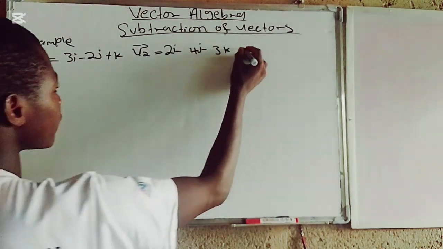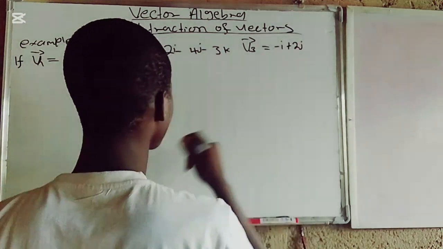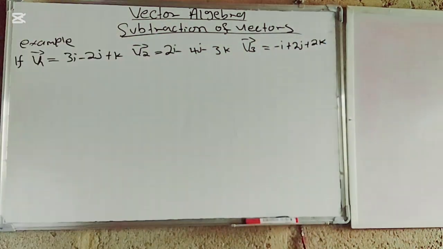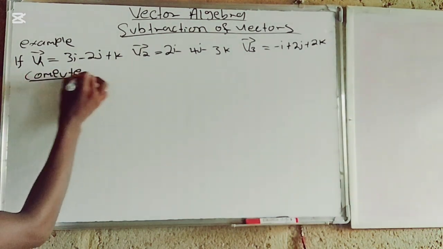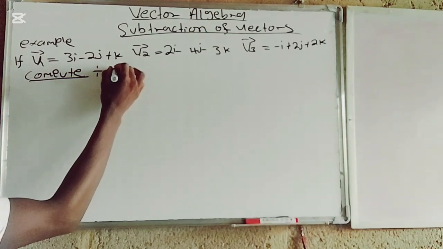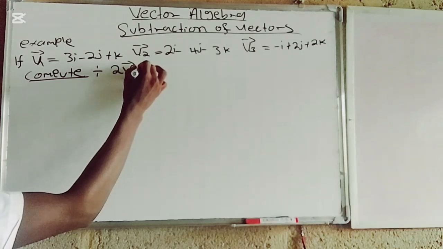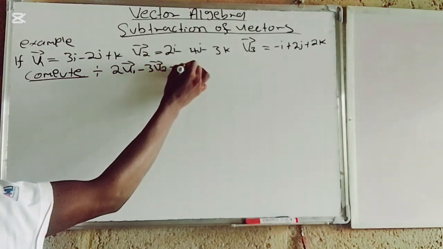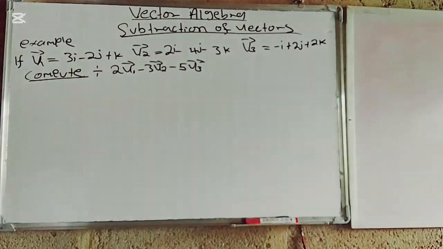And let's say we have v3, which is negative i plus 2j plus 2k. So let's compute 2v1 minus 3v2 minus 5v3.